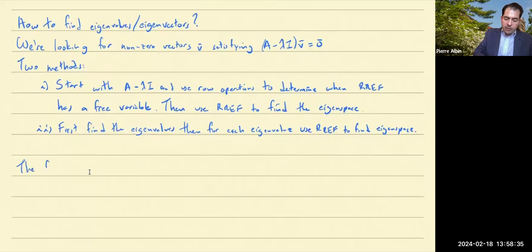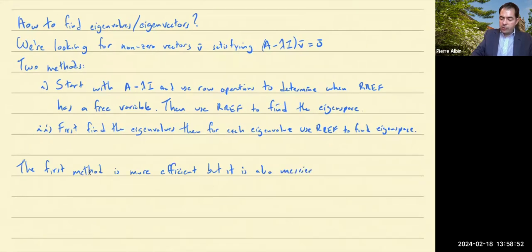So the first method is more efficient, but it is also messier.